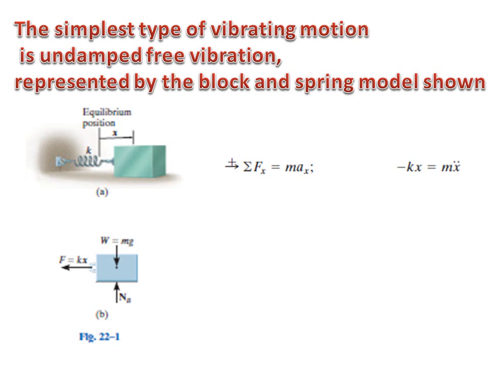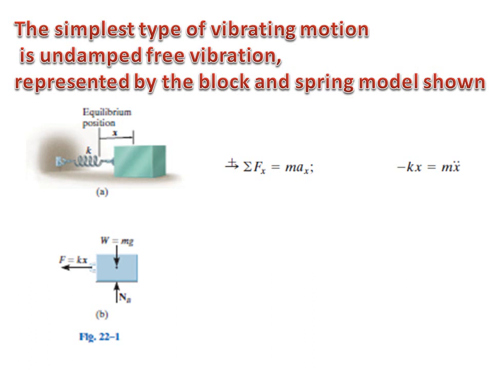Based on the free body diagram, the block has a weight equal to mg, and since it is planted on the surface, we have a normal force, and the force resisting the stretching is F equals kx, the spring force.